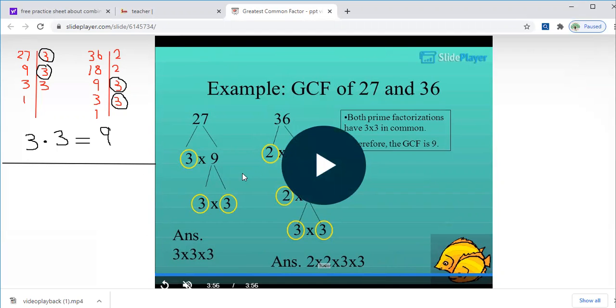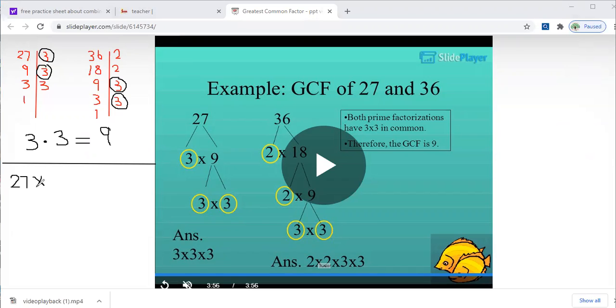Okay, so this is how we can use GCF between two numbers, and even if we are looking to calculate the GCF between three numbers, we are going to use prime factorizations, and then, as I said, you will choose the common number which is in both factorizations.